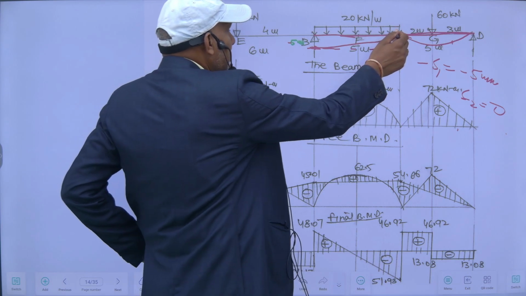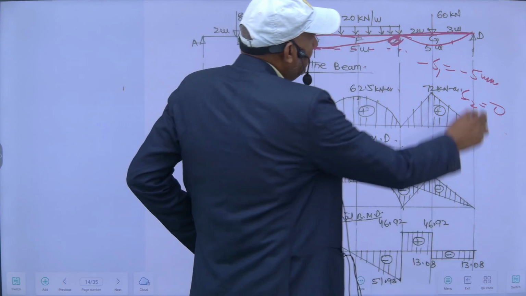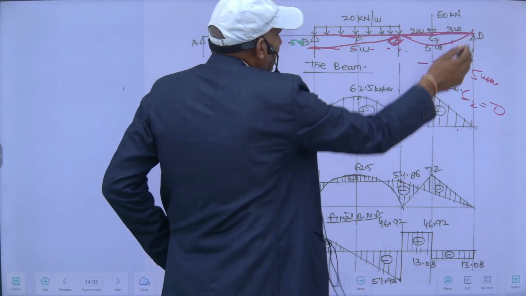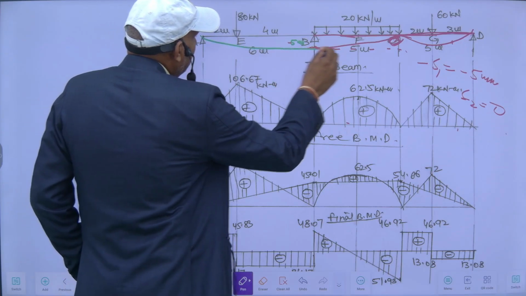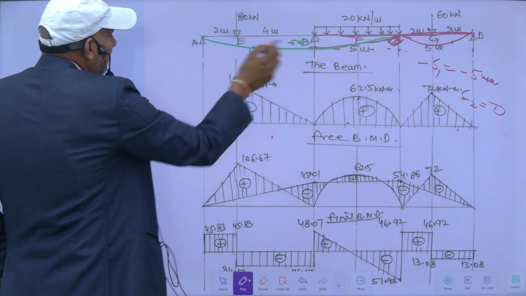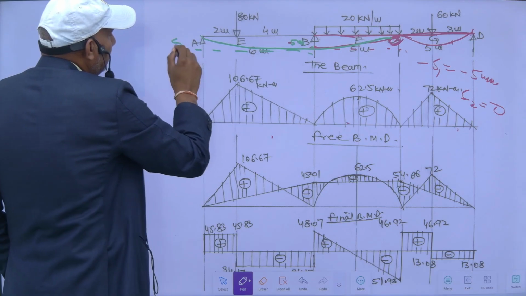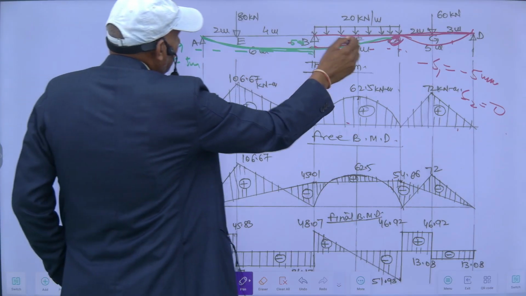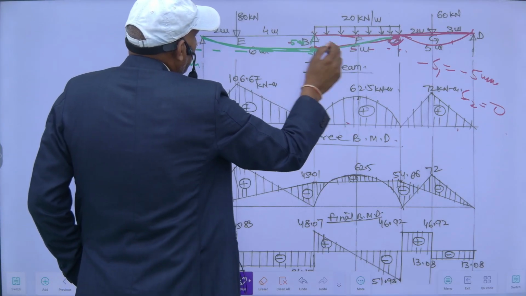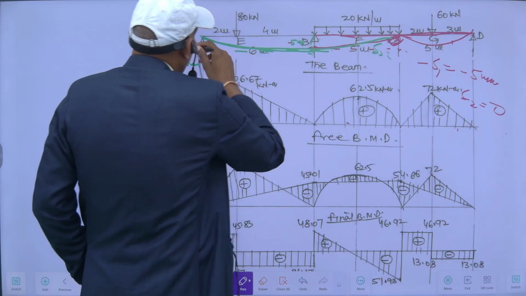So, it is upward means minus 5 mm, and it will be 0, both are at the same spot. When I consider this span, the deflection with respect to this is delta 1, this is downward, so this is 5 mm, and this one with respect to this is also 5 mm. So, delta 1 and delta 2 are equal to 5 mm.